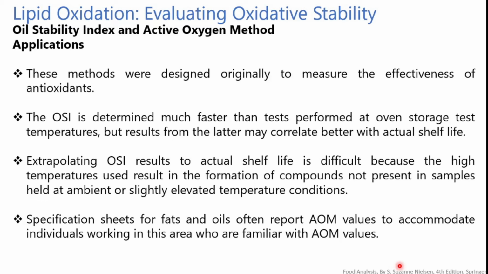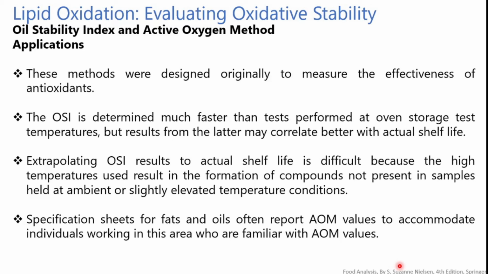The oil stability index is determined much faster than the test performed at oven storage test temperature, but results from the latter may correlate better with actual shelf life. So the oven storage test is more reliable than the oil stability index or AOM.